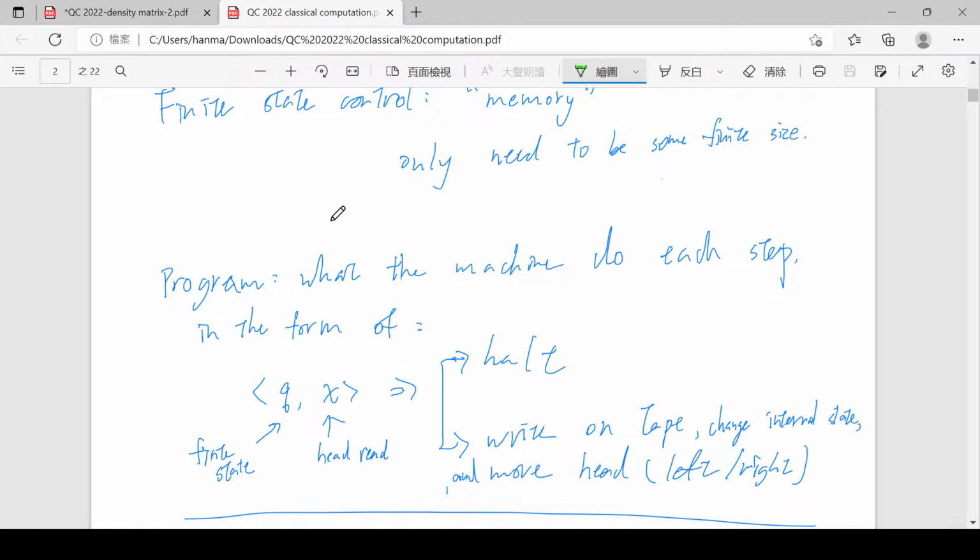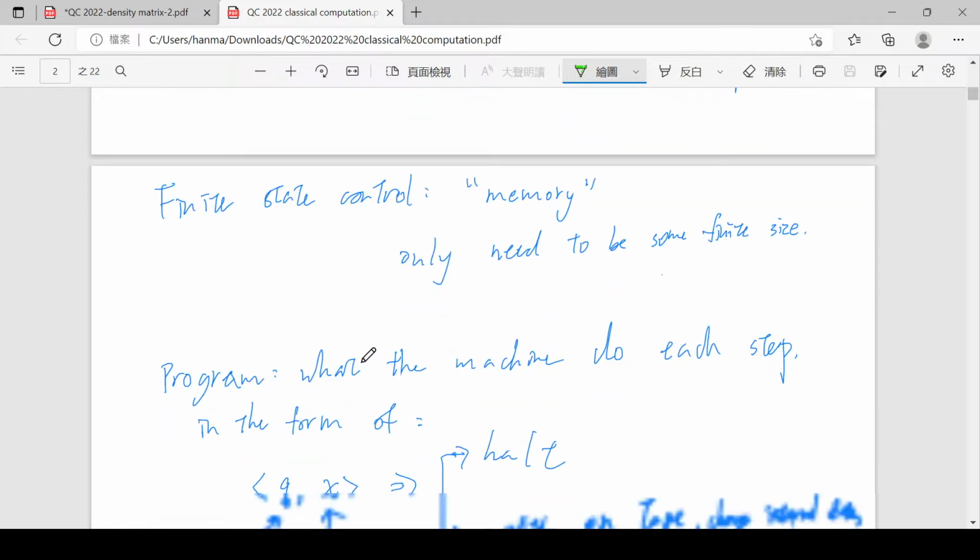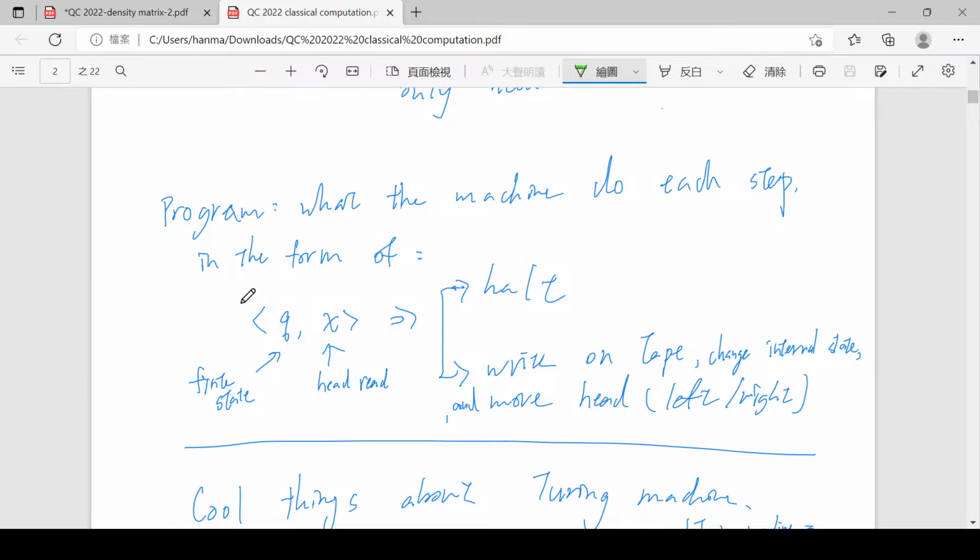And then finally there is a program part, and we abstract it to just what the machine will do when it sees things. So what the machine's operation is upon seeing its internal state and what it reads on the tape. There's really not much you can do.